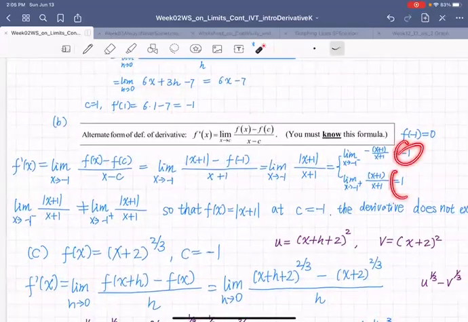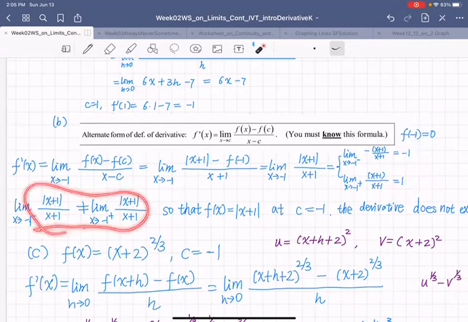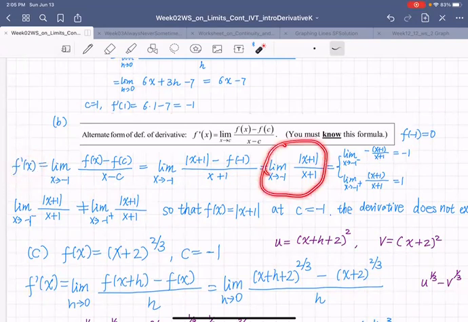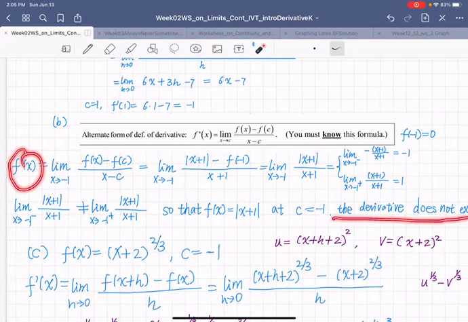So if these two do not equal, then this limit does not exist, because the limit from the left does not equal the limit from the right. So the limit at this point does not exist. That's why the derivative does not exist, okay?